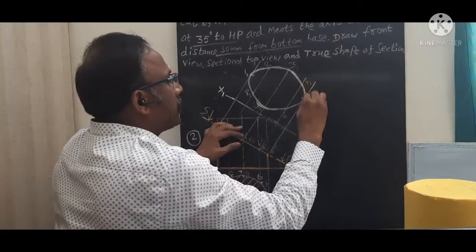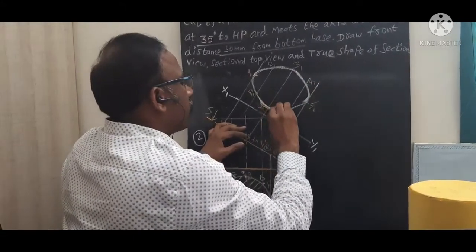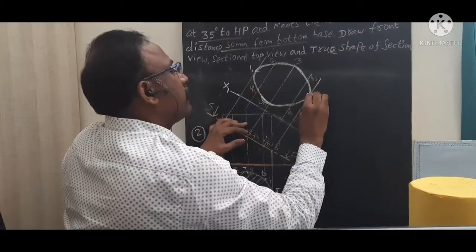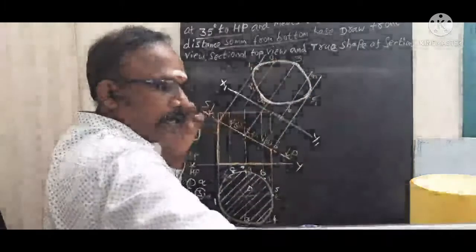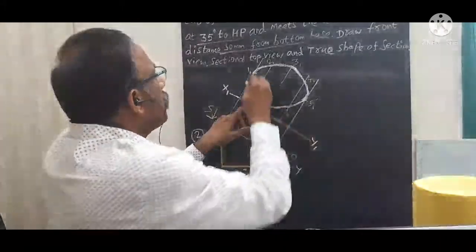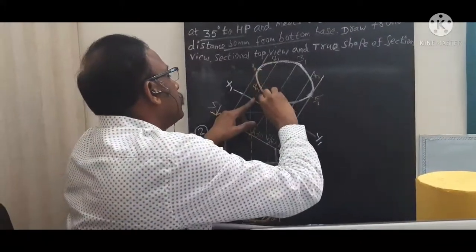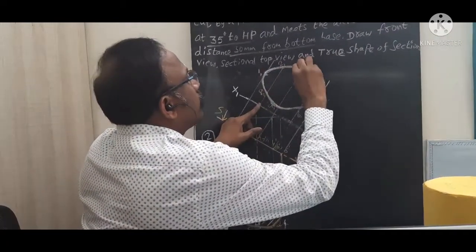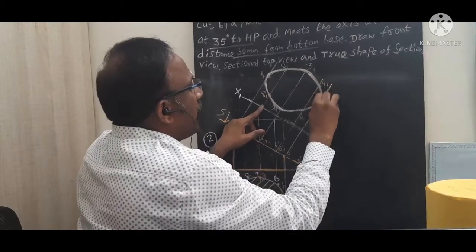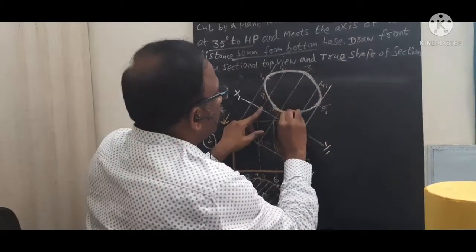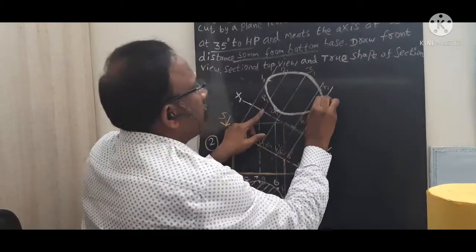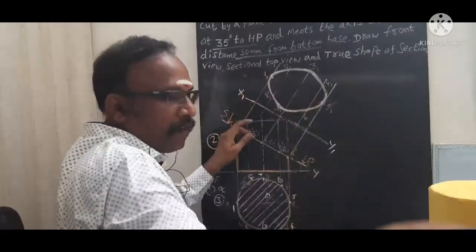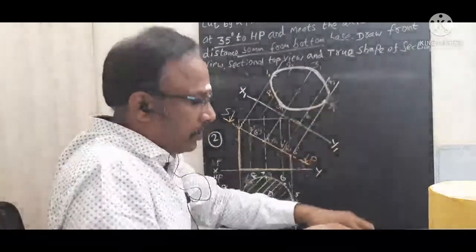So we get this true shape of the section will come as ellipse. Like this way you need to draw, right? This is the elliptical section, right? It's seen as the ellipse. This is what we call as the true shape of the section. After drawing this true shape of the section, then you can draw another 45-degree line through this, right?